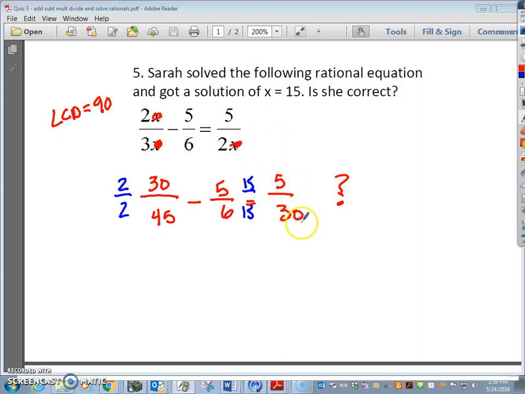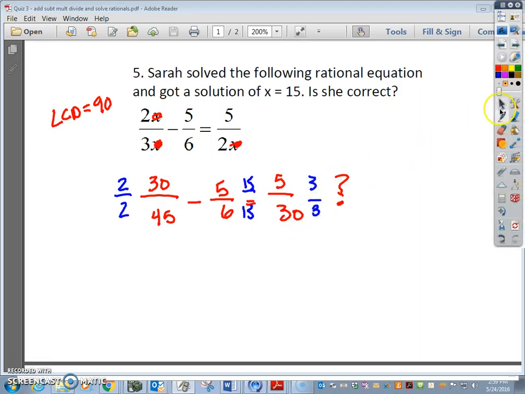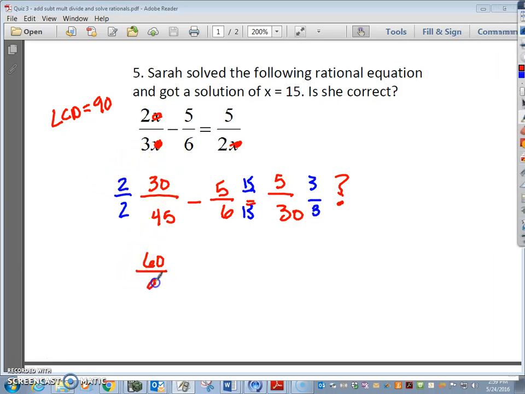And this one, to turn this into a 90, is 3 on the bottom and 3 on the top. So now this is going to be 2 times 30 is 60 over 90 minus 5 times 15 is 75 over 90 is equal to 15 over 90.